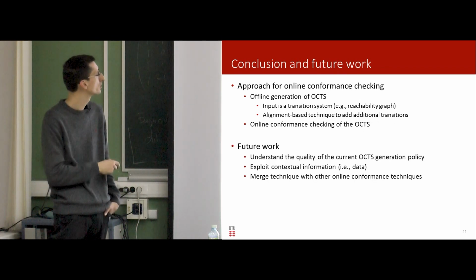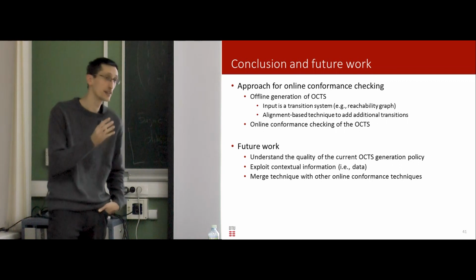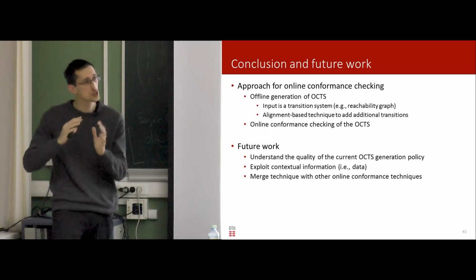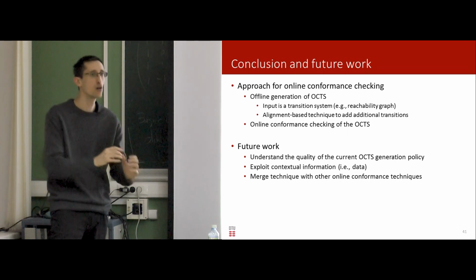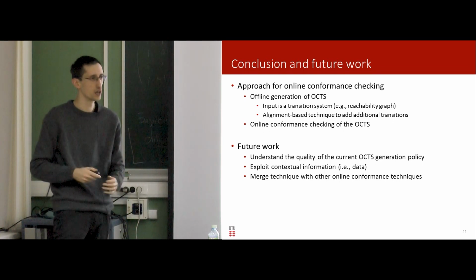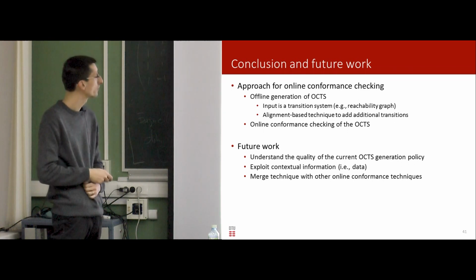Okay, so the conclusion of this is that this approach is, in the taxonomy I presented in the beginning, about shifting the complexity of the computation from online to offline. That's very useful, especially if we have such time-consuming operations to do.